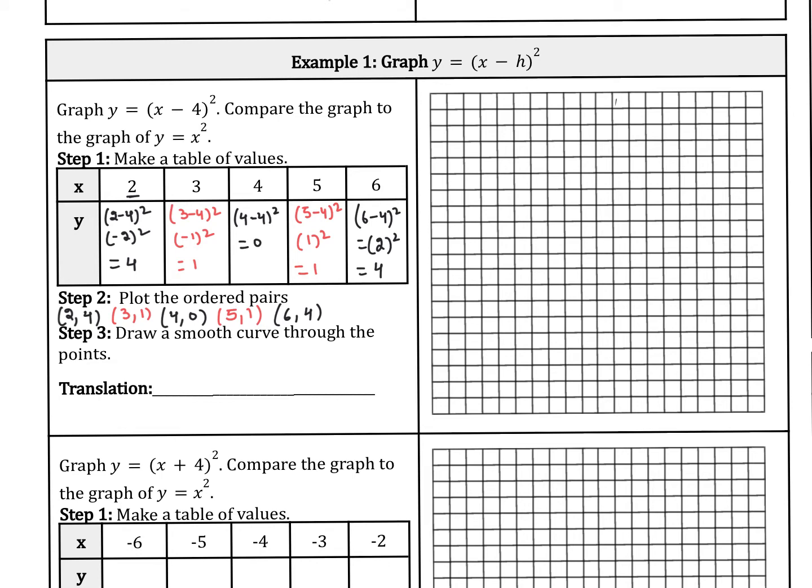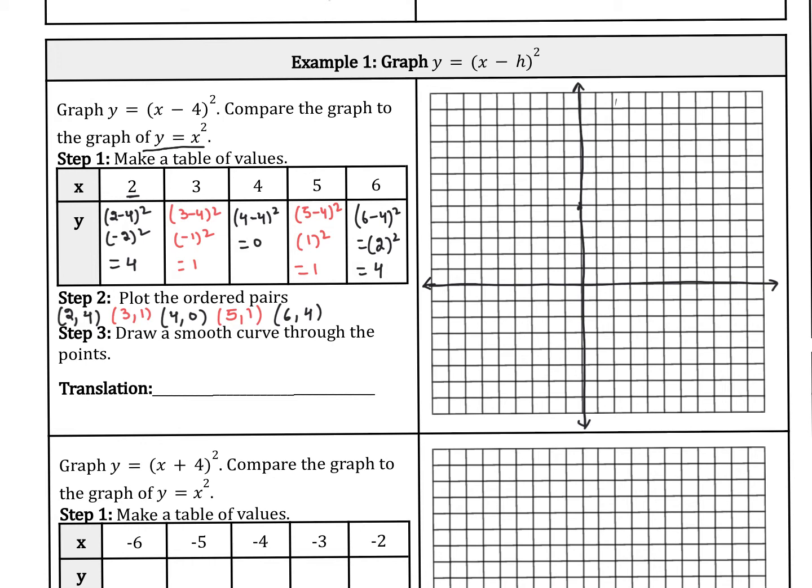Now we're going to plot these points and get the graph of this function. First, we make a y-axis and x-axis where we need more space on the right side, because this graph is going to move 4 units to the right. Here is my y-axis and here is my x-axis, and I'm going to first graph our parent function.